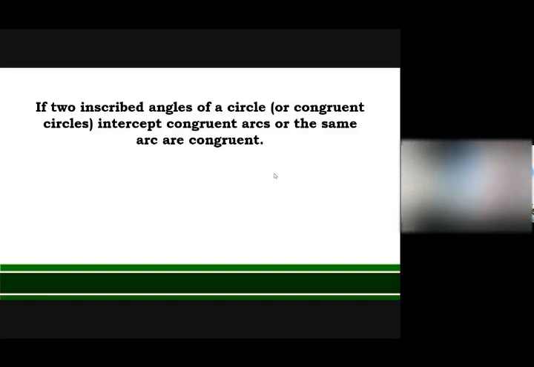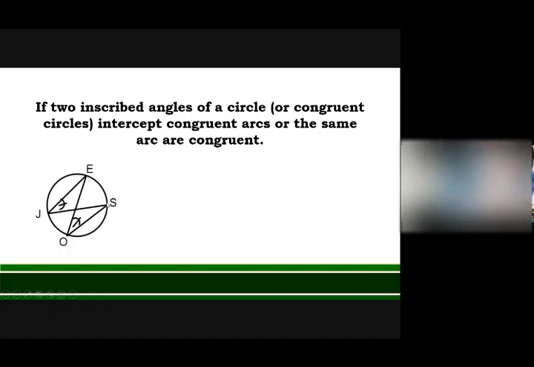Another theorem here. If two inscribed angles of a circle intercept the same arc, then the arcs are congruent. Okay. So let's say I have here two inscribed angles. May example tayo last week sa ating lesson. Yung two inscribed angles natin na dumaan sa iisang intercepted arc.